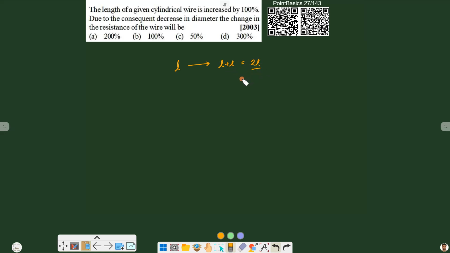Now, in one of our previous questions, we have already discussed that if length changes, the volume of the wire or material stays constant, and also the material is the same, then we know that the final resistance comes out to be n squared times the initial resistance, where n is defined as the ratio of final length to original length.